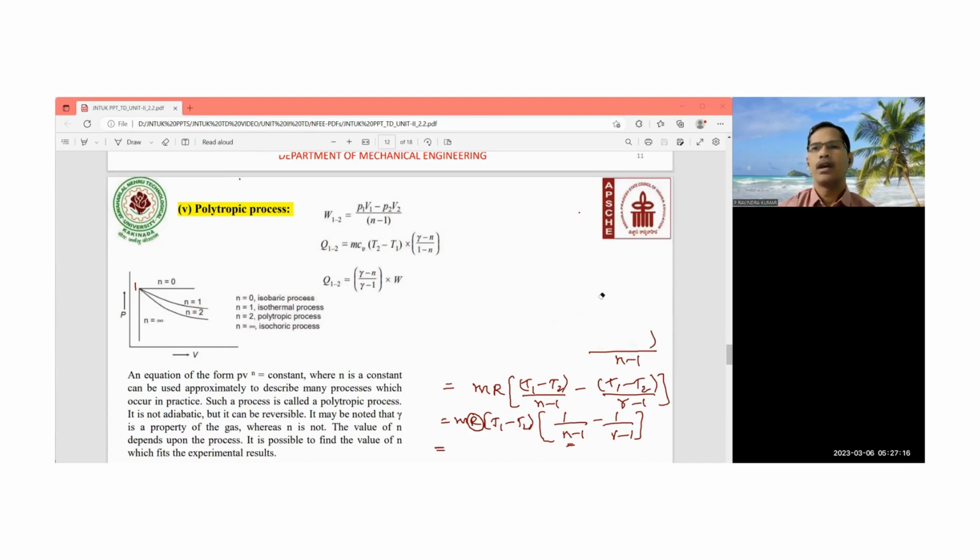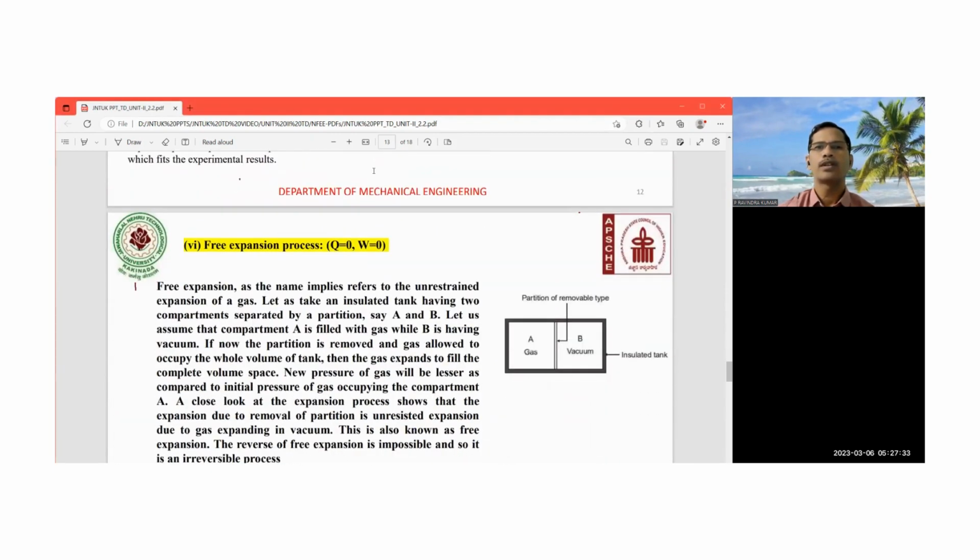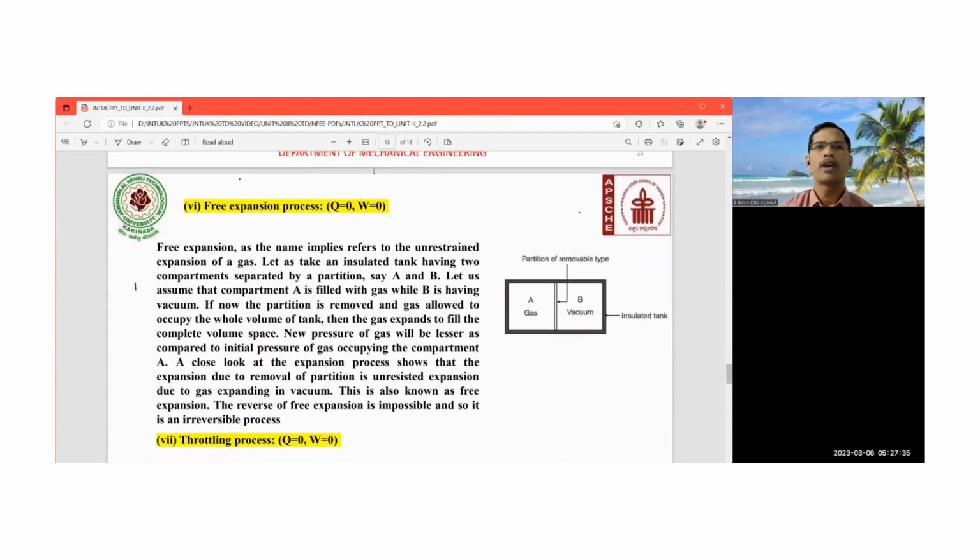So I hope this completes all the reversible thermodynamic processes. Reversible thermodynamic process means isobaric process, isochoric process, isothermal process, polytropic process, and adiabatic process. Next, there are two irreversible processes. That is, one is the free expansion process and another one is the throttling process.